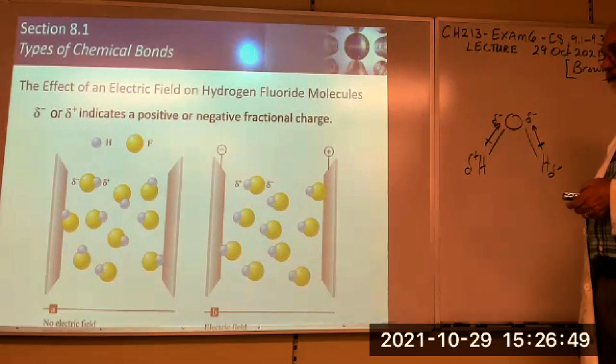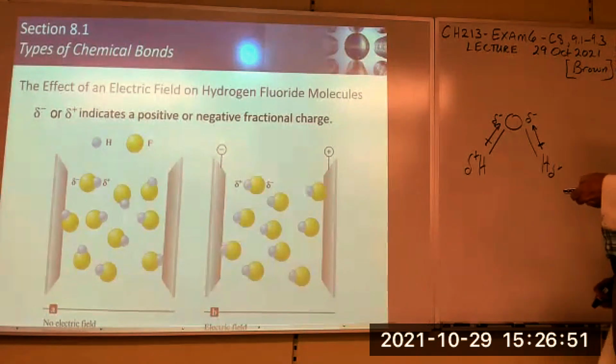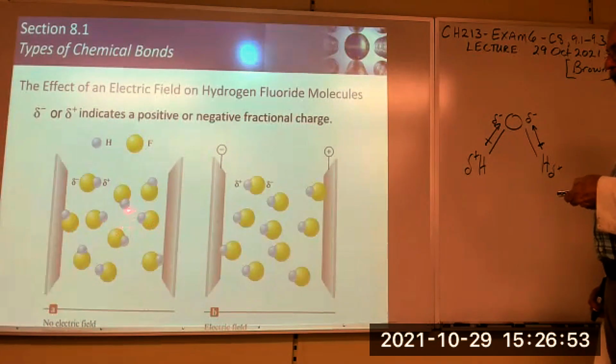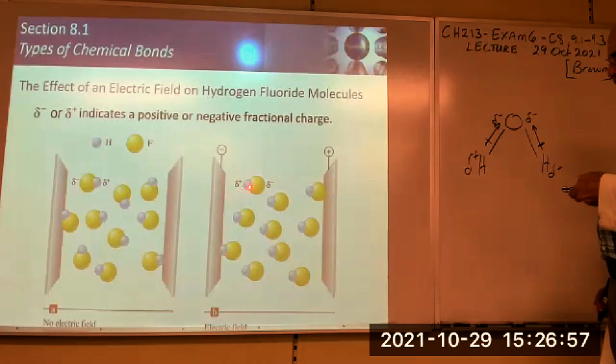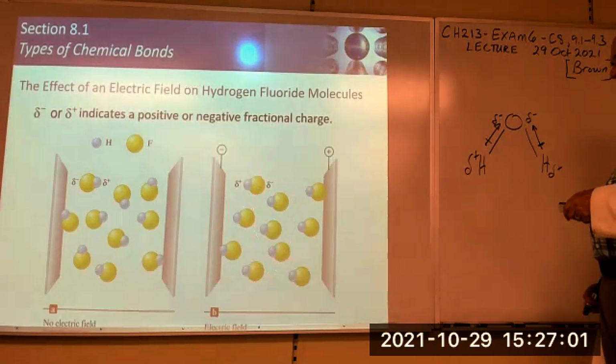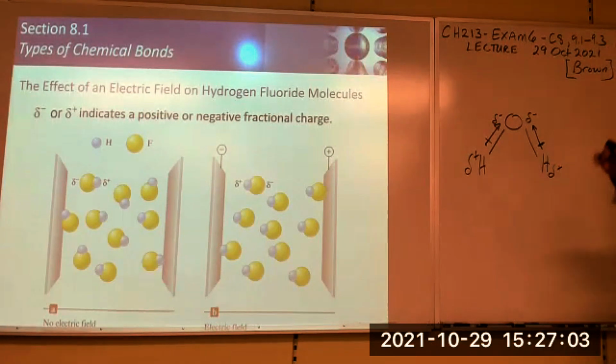It's still covalent. And you can measure the current across these two plates with that fluorine gas in between, and do some calculations and some fine adjustments and determine the actual polarity of the bond, give it a number.